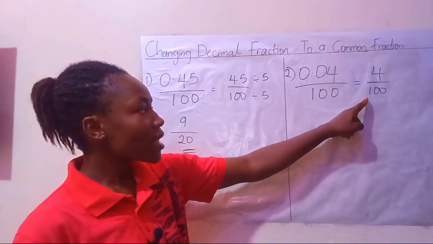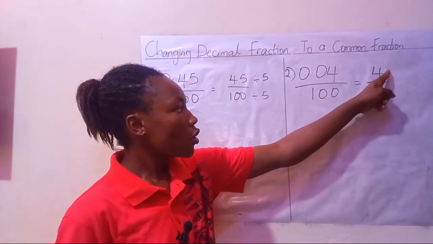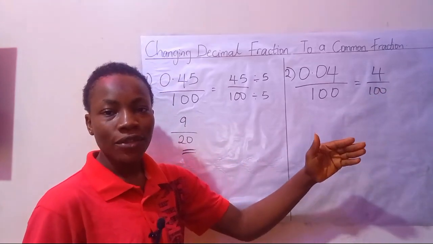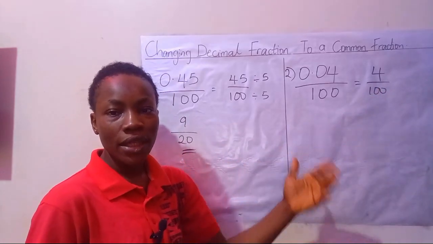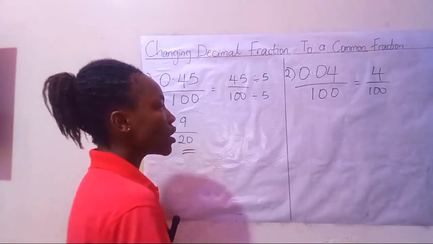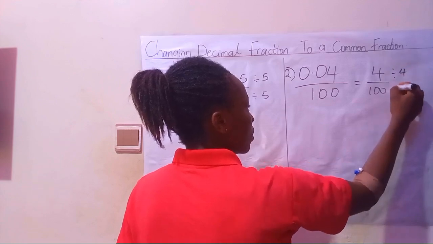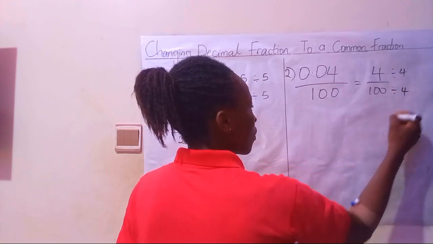You will notice that 4 is a factor of 100. 4 can divide 100 without having a remainder. So let's divide by 4, divide by 4.